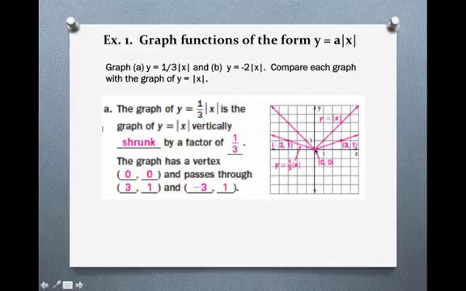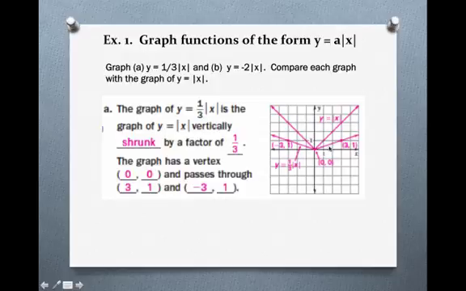Another thing that you can do is go ahead and put your vertex at (0, 0). Notice that the value for a is 1/3. What you do is starting at (0, 0), you draw a ray where it has a slope of 1/3. So you go up 1 from (0, 0) and to the right 3 from (0, 0), and that gives you that point (3, 1).